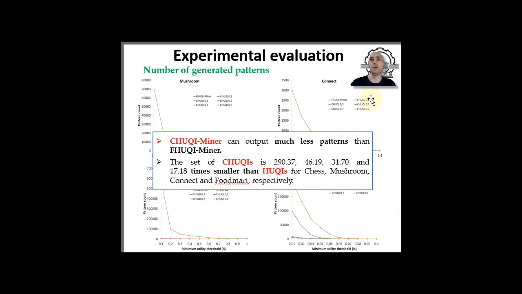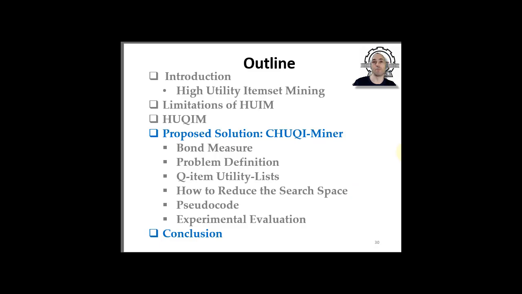Also, we look at the number of patterns, and compared to all the patterns, we find only a few. So that means a lot of patterns are not strongly correlated. So not only is our algorithm faster, but it will find fewer patterns, only the strongly correlated item sets.